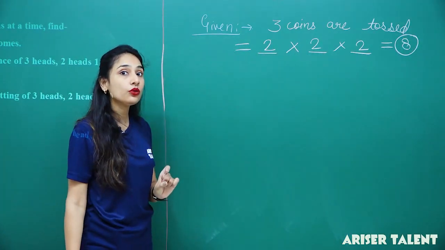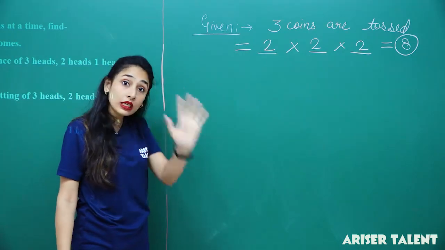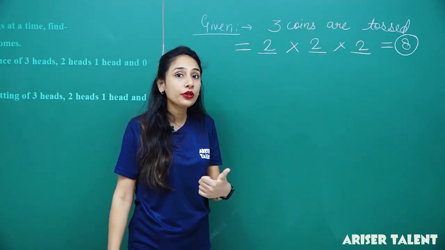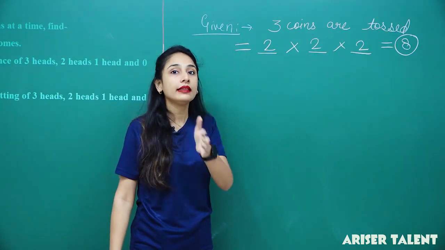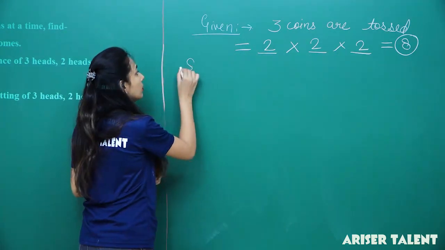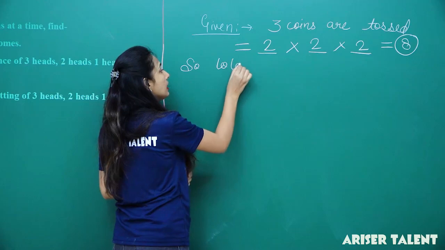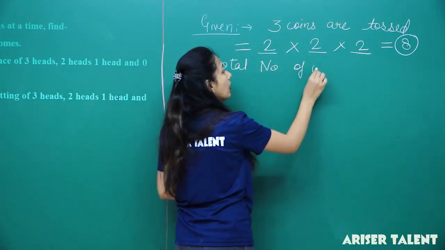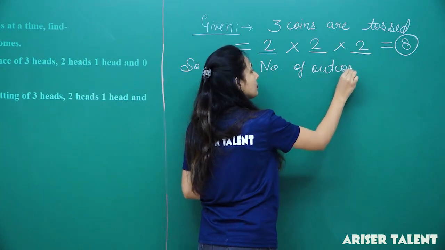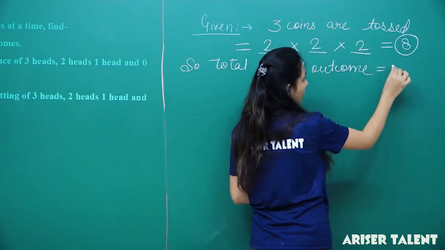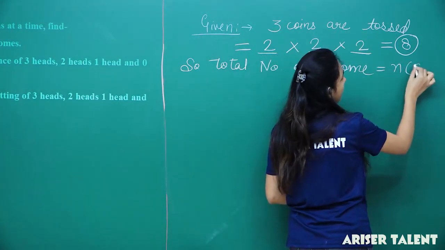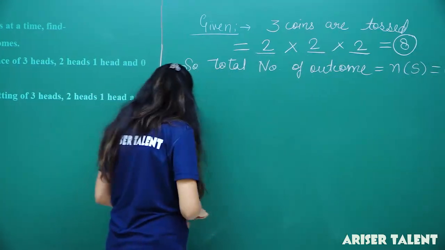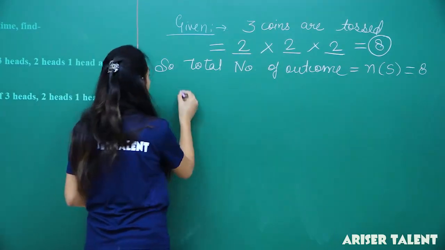Now, what I have told you, the total number of outcomes is N, and we are going to denote it as NS. So, total number of outcomes, NS equals N.